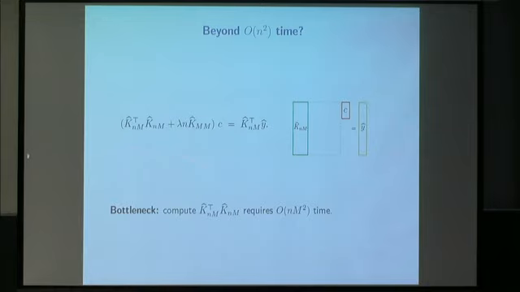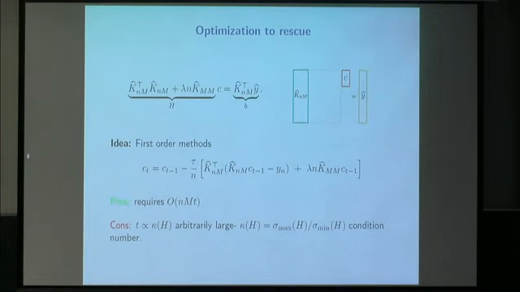So a standard way to avoid this problem is to solve it, for example, via first order methods. In this case, you would need just nmt, where t is the number of iterations you do, but note that the con of this approach is that the number of iterations depends on the condition number of this matrix.